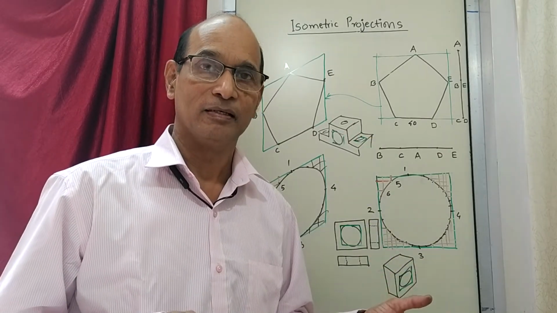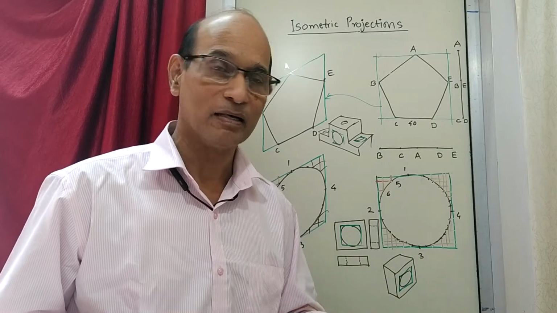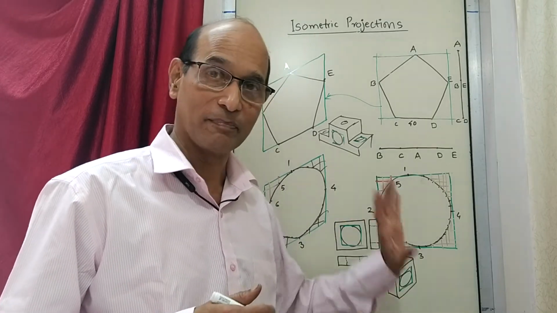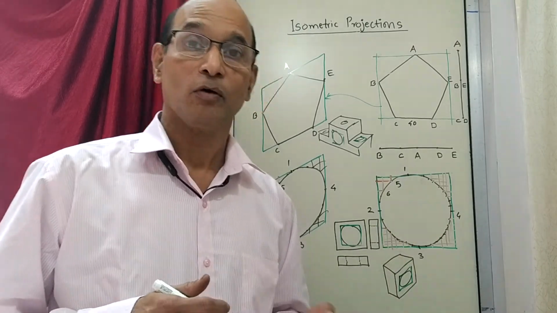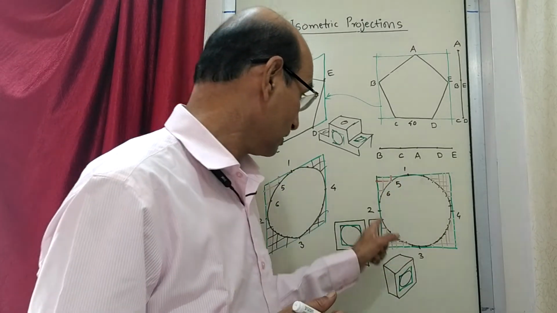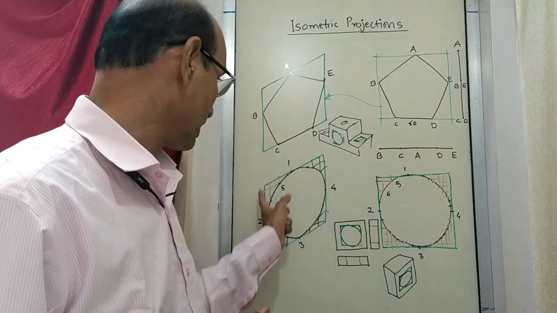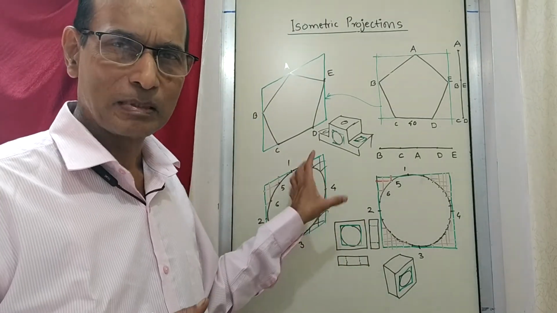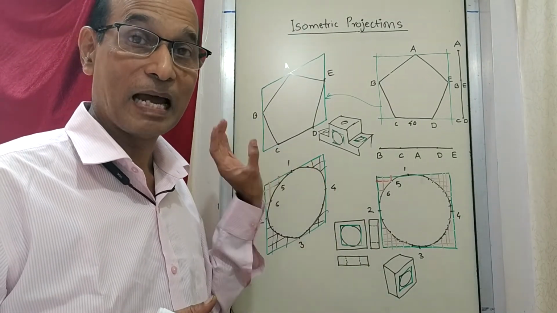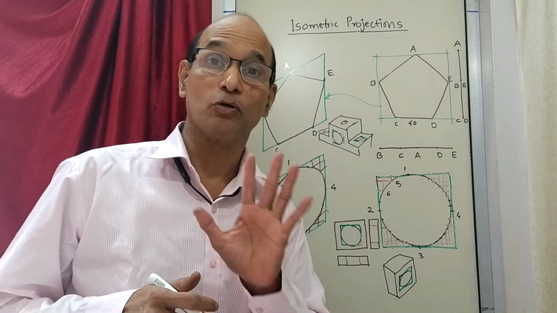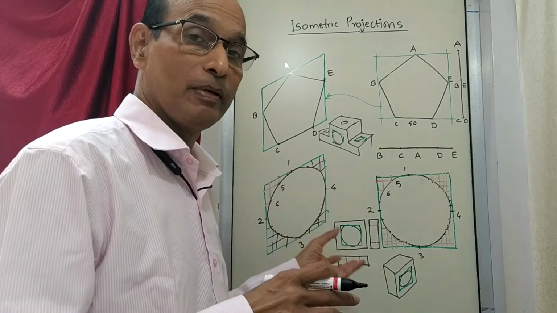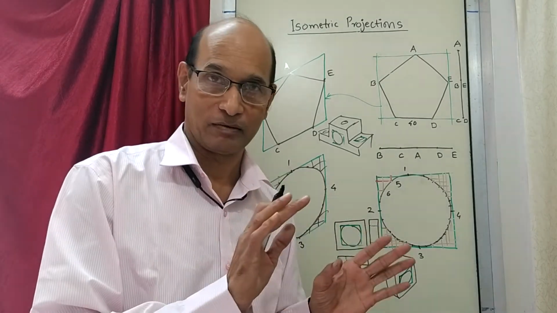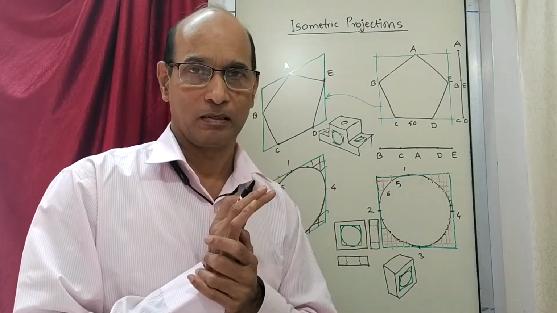The only thing is that the circle you draw by that method will not be exactly the same as this. It will be slightly different, but that difference is not possible to notice. So we will be able to accept it as a proper circle.